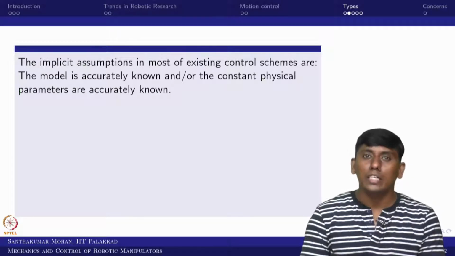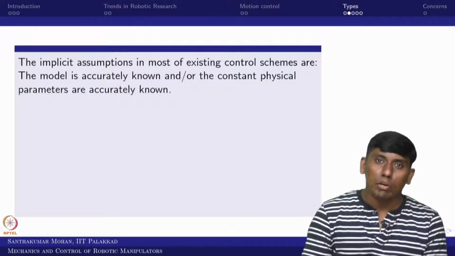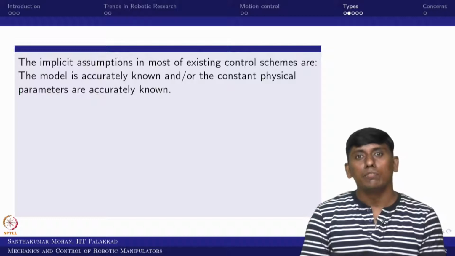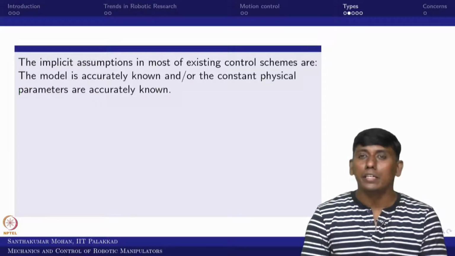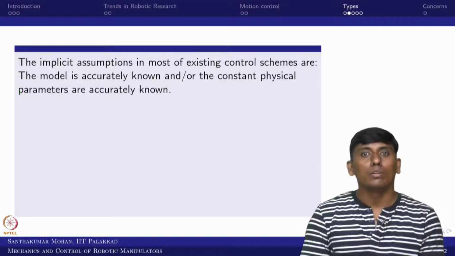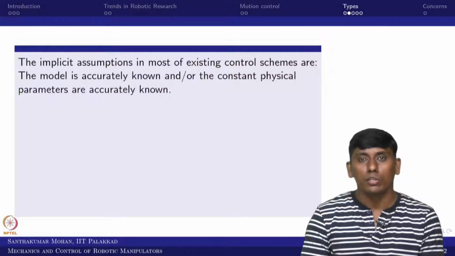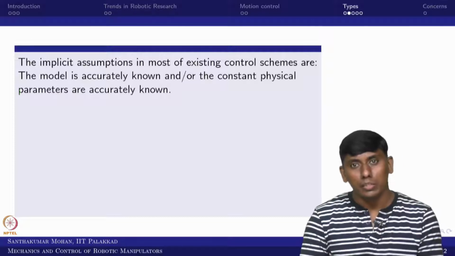For that we come up with two different strategies. One is what we call robust control, the other we call adaptive control. Both try to compensate for the perturbation due to model uncertainty or sensor noise and so on. The name robust control itself says robustness.